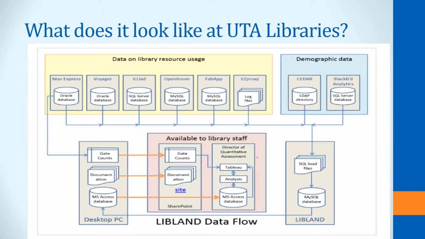We also import some demographic data from a couple of campus sources, and all of that data then goes into the Libland database on the Libland server. You can see it's a MySQL database. All of the files are converted to SQL and loaded into that MySQL database. And from that, they are then processed and transferred to an MS Access database for usage by various users.